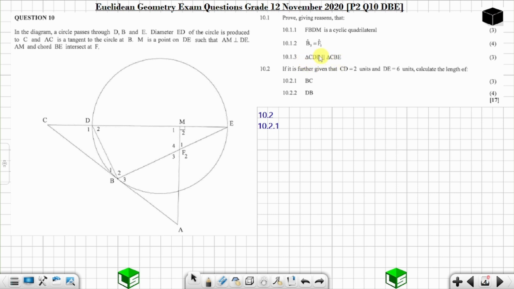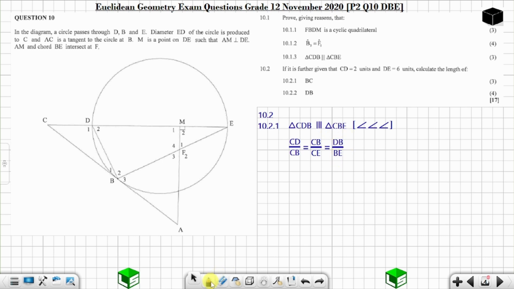Since triangle CDB is similar to triangle CBE, let's write the proportionality equation. You are going to have CD over CB equal to CB over CE equal to DB over BE.